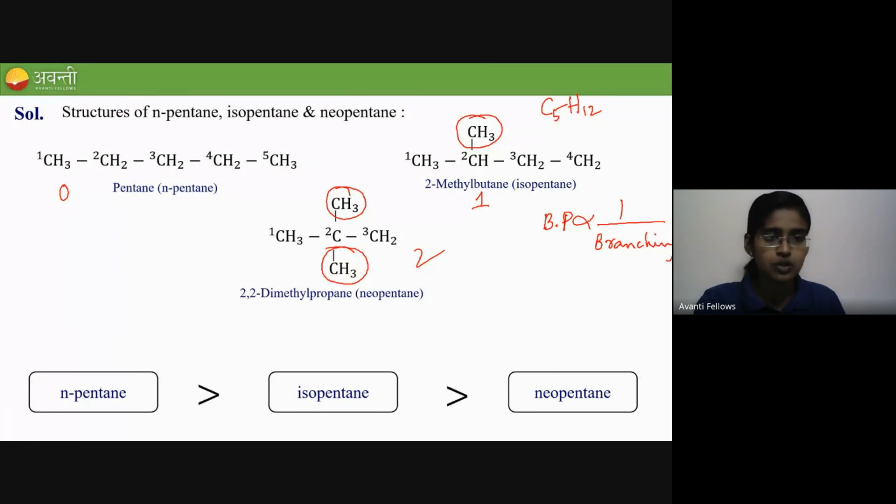Yes or no? Now I'll ask, if I'm having butane and butane, CH3CH2CH3 and CH3CH2CH2CH3. So among these two compounds, which one will have the highest boiling point?